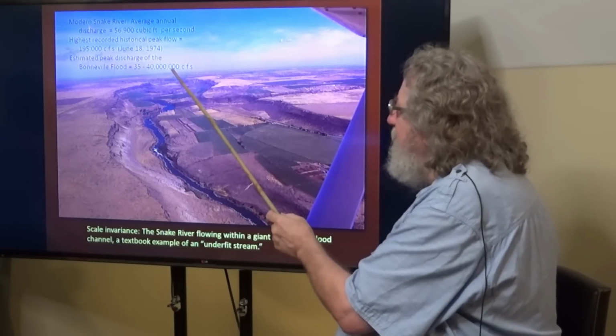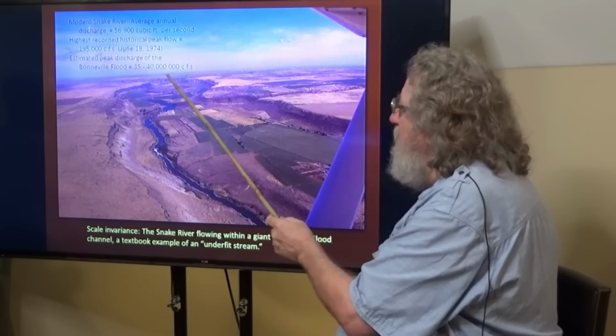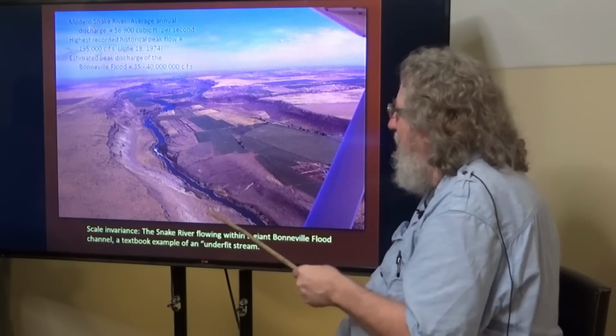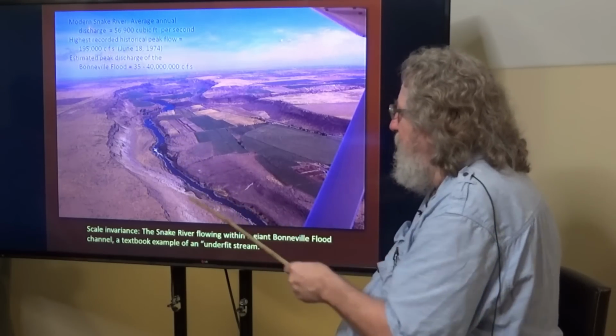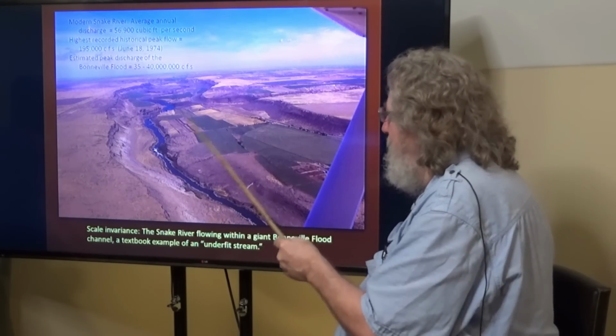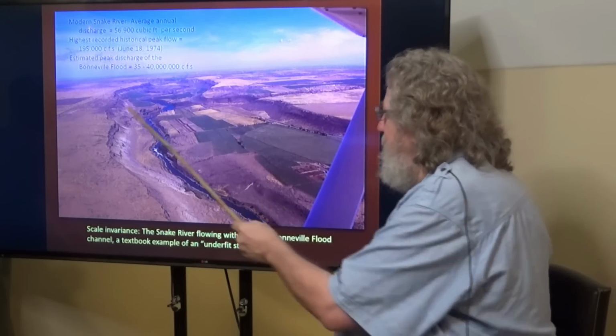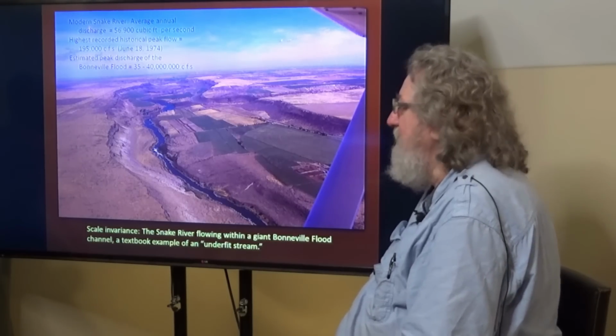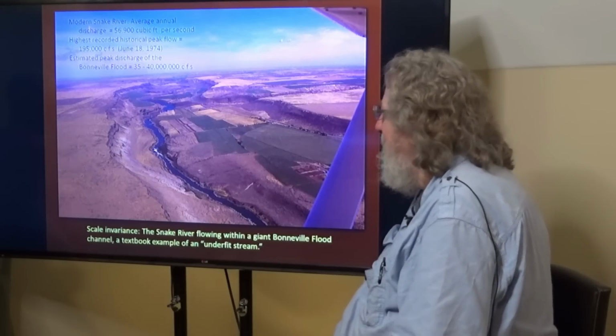You'll see that the ancient flood was much, much bigger and left this large channel that now has confined the Snake River to its floor. And the modern Snake River will never rise up and overtop this larger channel, short of an extraordinary, exceptional event, such as occurred at the end of the last ice age.